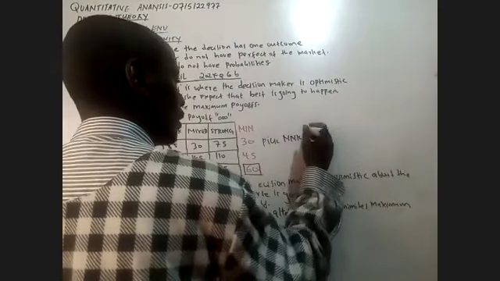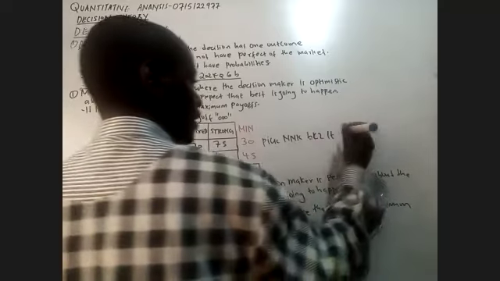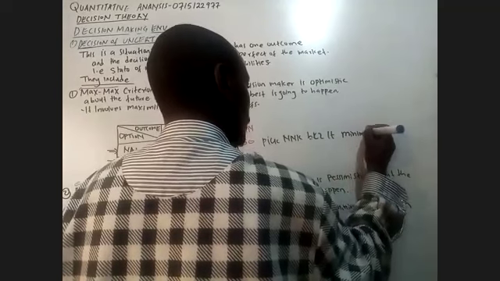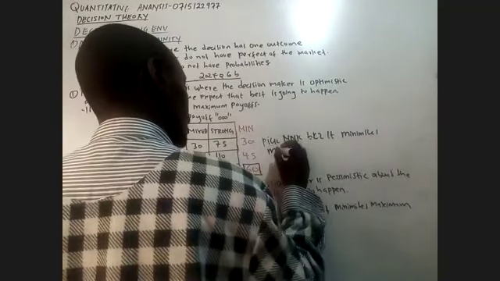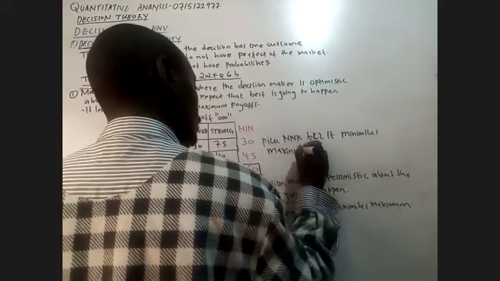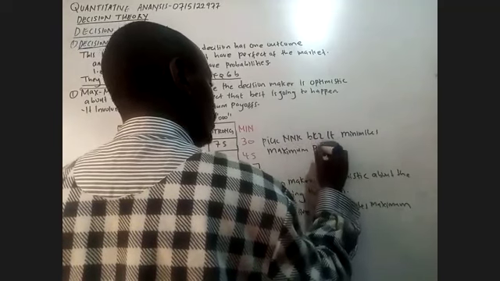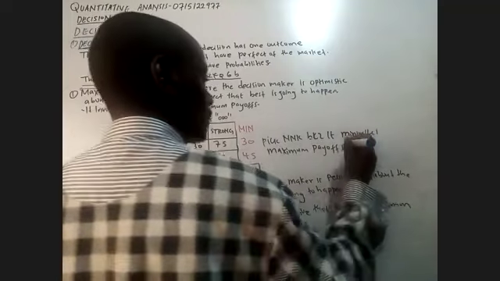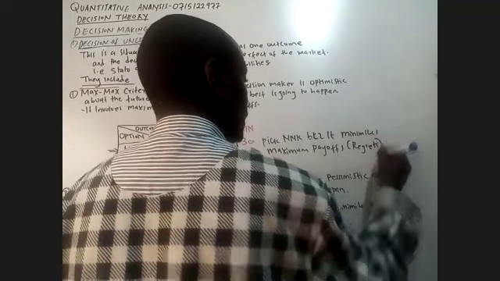So conclusion, pick Nanyuki because it minimizes the maximum payoffs, which is it reduces the regrets in short.